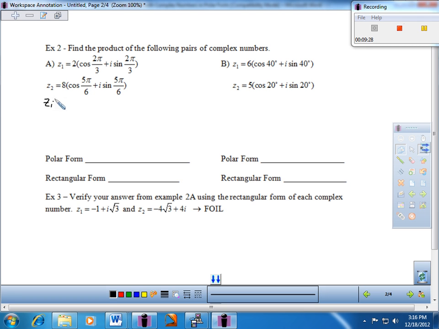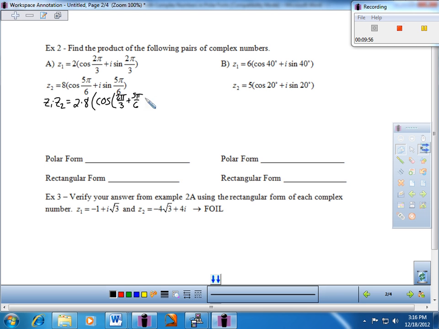So Z1 times Z2. I'm going to multiply these two numbers together. I take the r's and I multiply them together. So you know 2 times 8 is going to give you 16. No big deal. It's probably the easiest part of any math we've seen in a while. Now the secondary piece is to go ahead and create a new angle for our complex number by adding these two angles together. So this is just 2 pi over 3 plus 5 pi over 6.